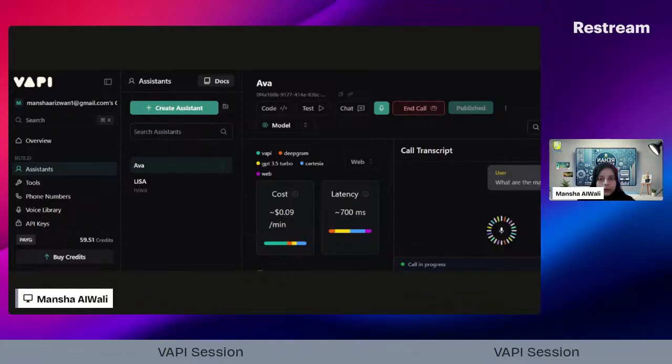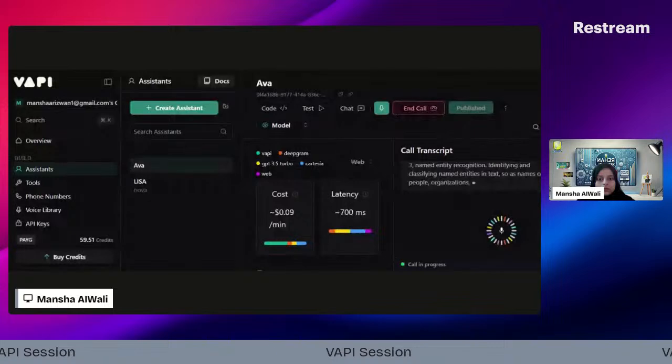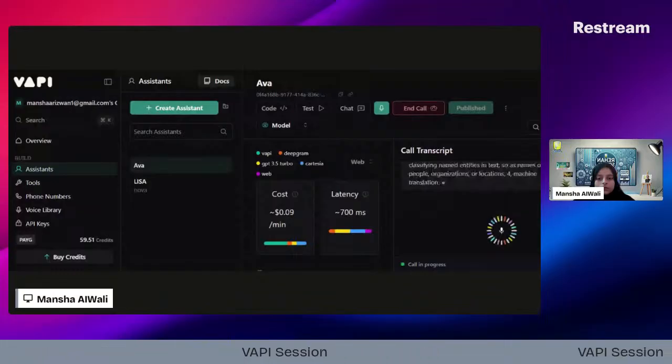Natural language processing NLP. 2. Sentiment analysis, determining the sentiment or opinion expressed in text, positive, negative, neutral. 3. Named entity recognition, identifying named entities in text such as names of people, organizations, or locations. 4. Machine translation, translating text from one language to another. 5.